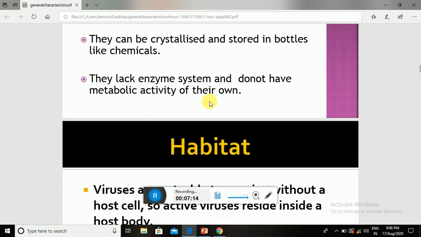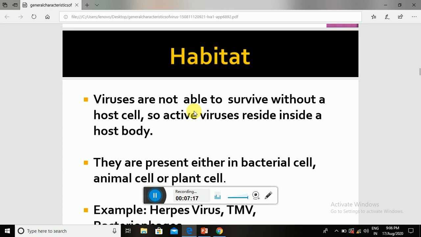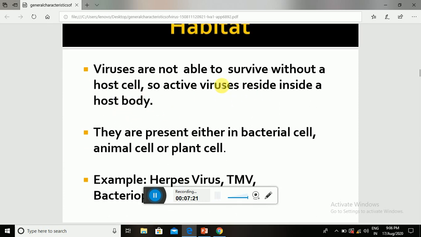Then, habitat. Viruses are not able to survive without a host cell. For their survival they require a specific host cell, so active viruses reside inside the host body. A number of active viruses are present in a host, but they are unable to survive without it.